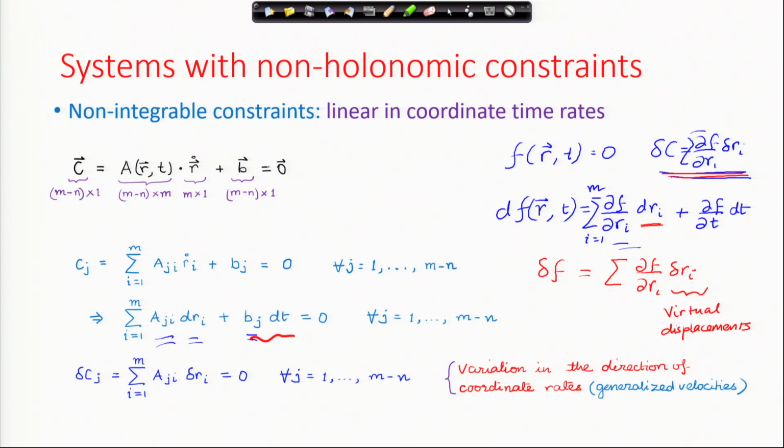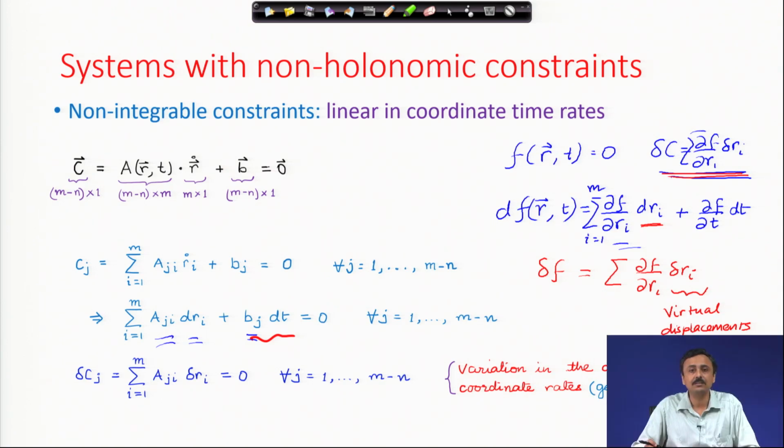In other words, we are taking variation in the direction of the coordinate rates, so that our non-holonomic constraints are respected. We will take virtual displacements which respect the non-holonomic constraint, which respect the velocity constraint. After all, non-holonomic constraints represent velocity constraints, they are constraints on the velocity.